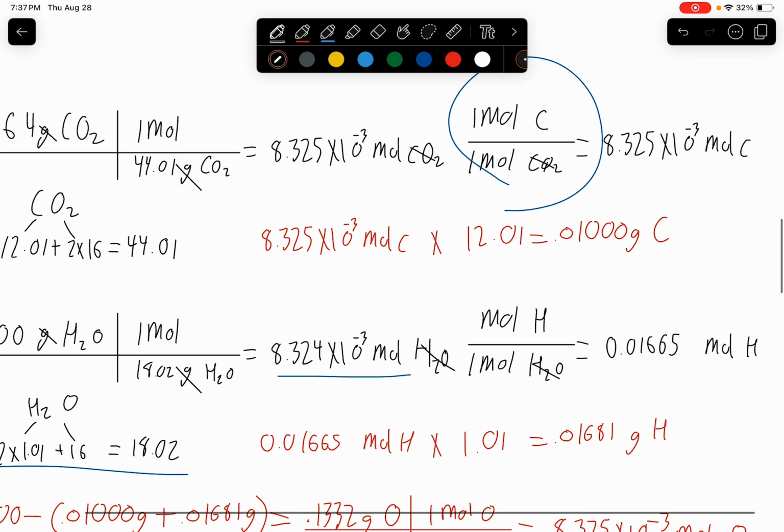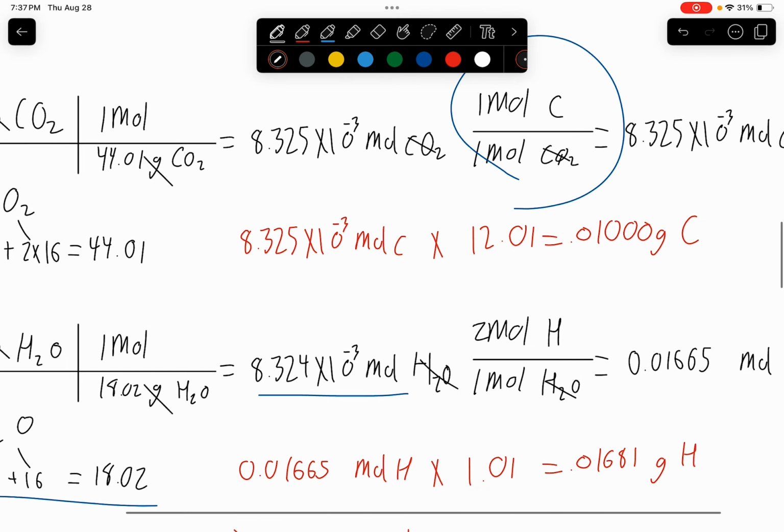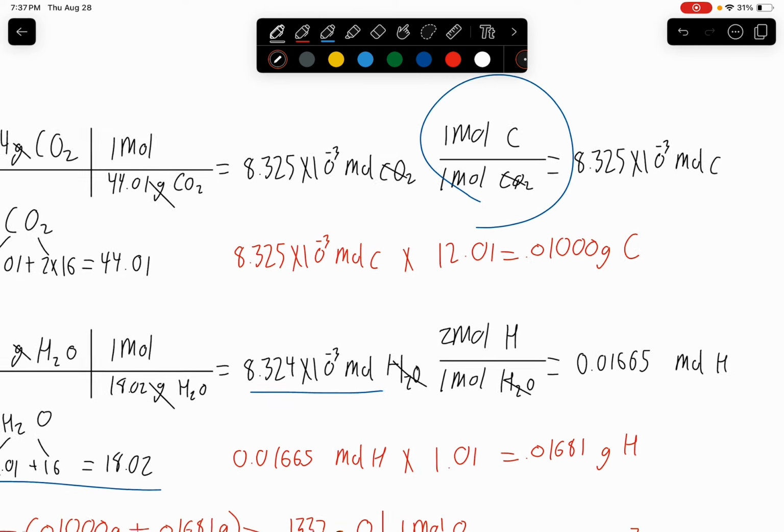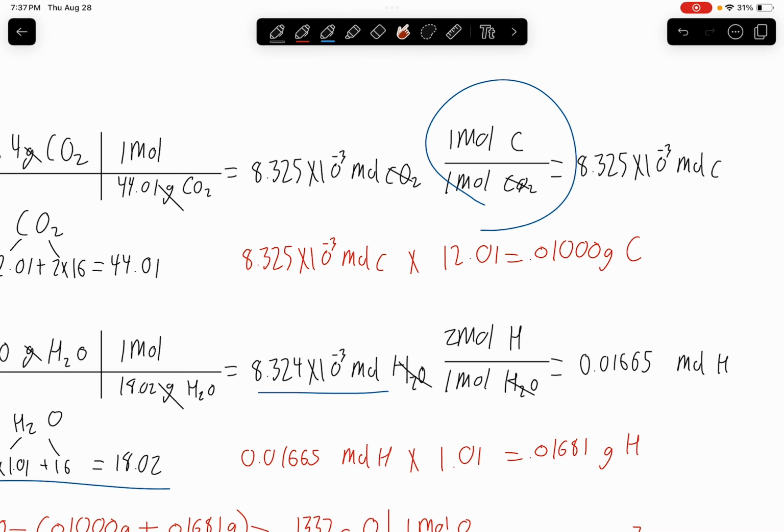Then we have to convert it to moles of hydrogen. Since there are 2 hydrogens per water, we need 2 on top and 1 on the bottom. Then we get 0.01665 moles of hydrogen.